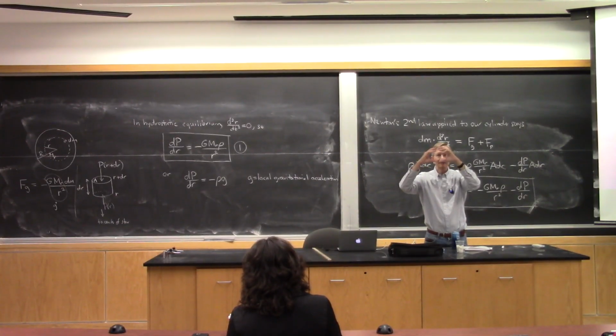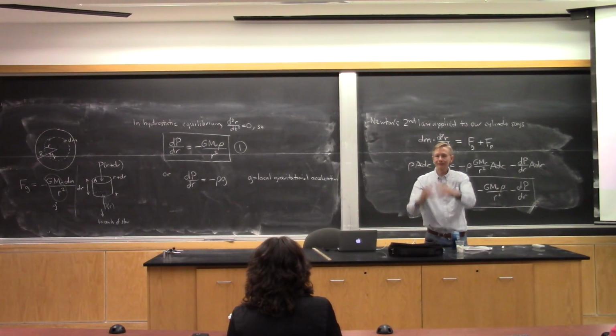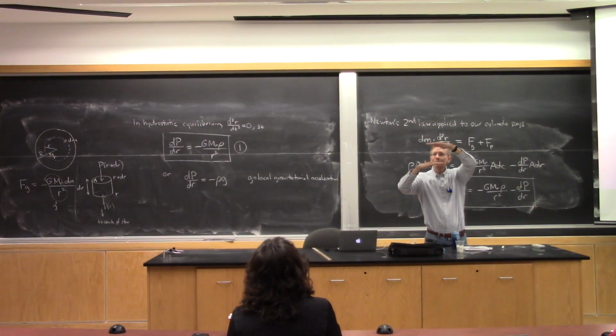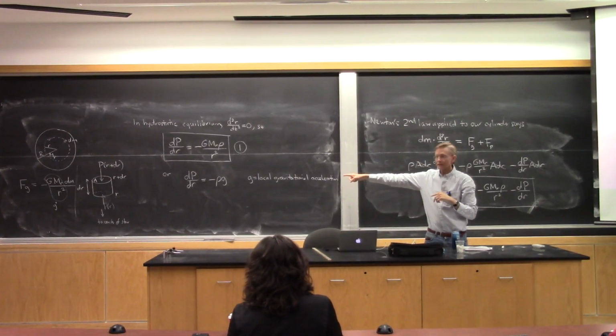So it weighs something. If that was the only force on it, what would it do? It would fall to the floor. Is it doing that? No. So something must be balancing that gravitational force on it. What's balancing it? The fact that the pressure down here is a little lower than the pressure up here, so that there's a net upwards pressure force. So yes, this applies in this room.